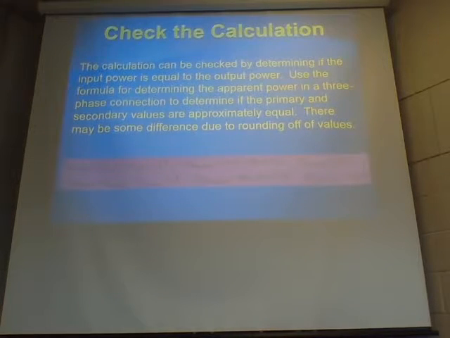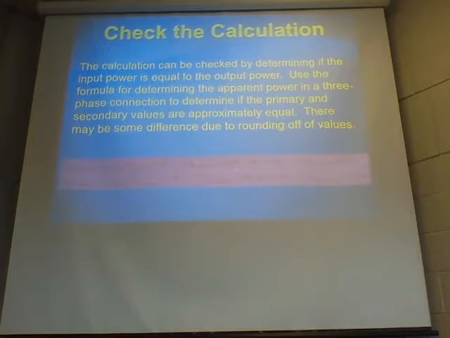The calculation can be checked by determining if the input power is equal to the output power. Use the formula for determining the apparent power in a 3-phase connection to determine if the primary and secondary values are approximately equal. There may be some difference due to rounding off the values. So volt amps in the primary is equal to line voltage to the primary times line current to the primary times square root of 3.